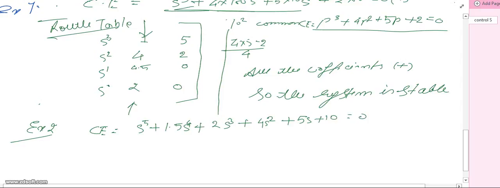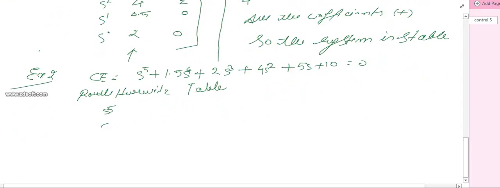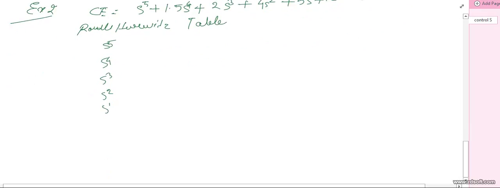So this is our characteristic equation, and forming the Routh Hurwitz table, we get s to the power 5, s to the power 4, s cube, s2, s1 and s0.